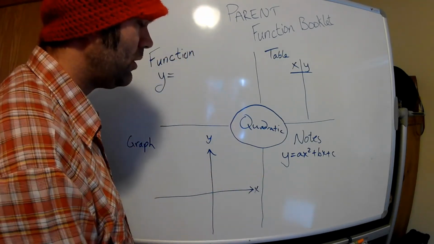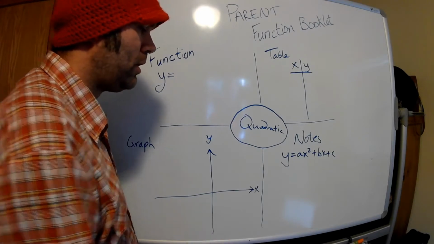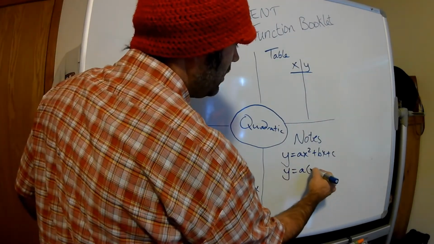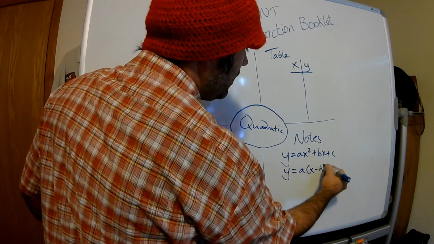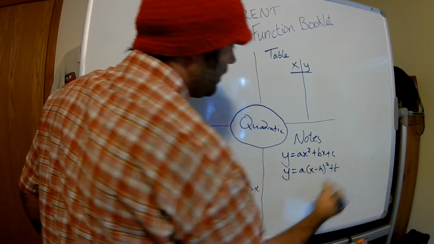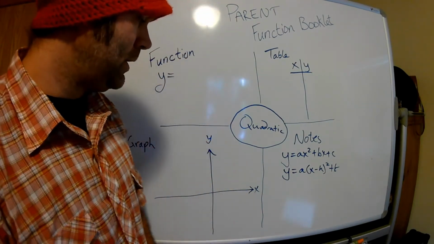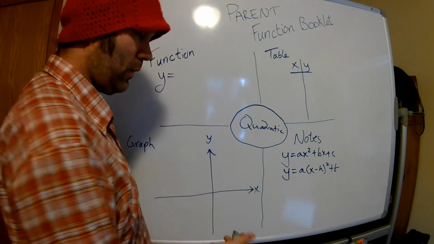If you wanted to, you could write down the other two forms that we know, which is vertex form, that is y equals a times (x minus h) quantity squared plus k, and the other one is factored form.